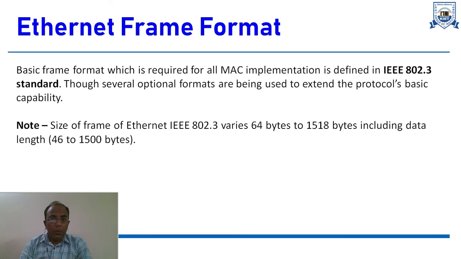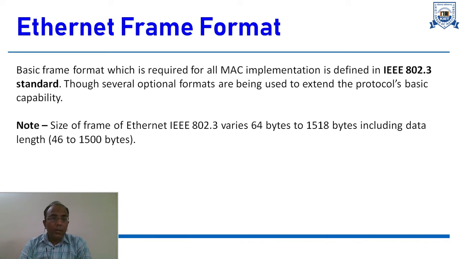As we know, the IEEE standard for Ethernet is IEEE 802.3. The basic format required for all MAC implementations is defined by the IEEE 802.3 standard. Though several optional formats are used to extend this protocol's basic capabilities, this is the main or parent structure.